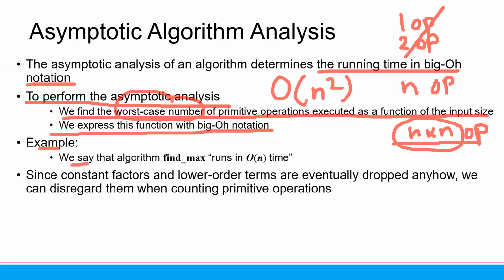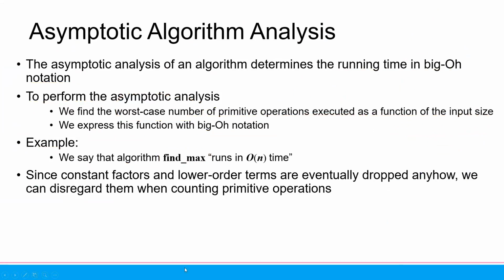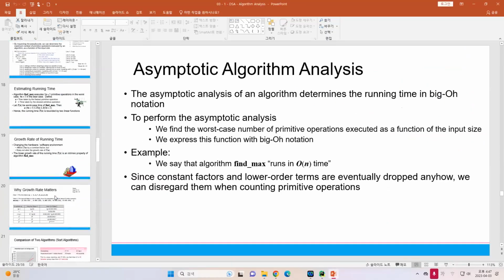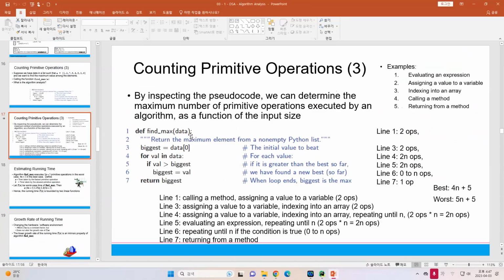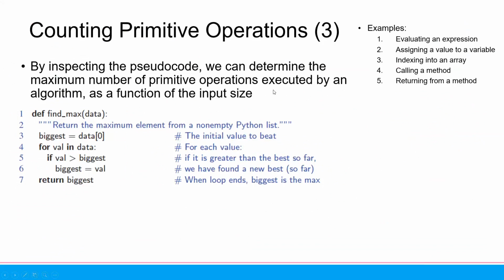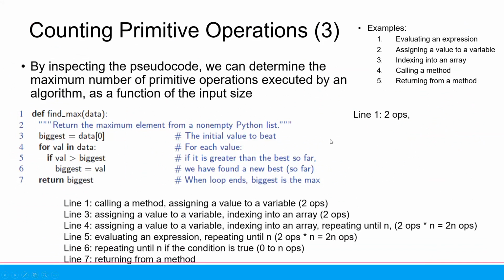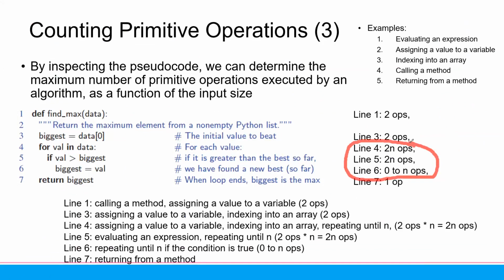For example, take the find max algorithm that I showed you before. If you look at this algorithm and go one by one, this is two operations, this is two AND operations, this is two AND operations, this runs from 0 until n, and this is one operation. So we just care about the higher or the worst case.